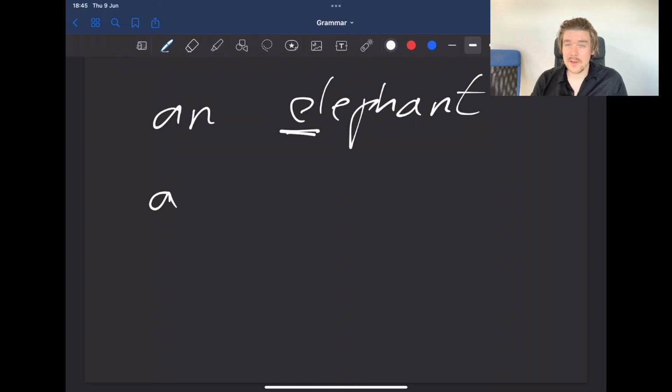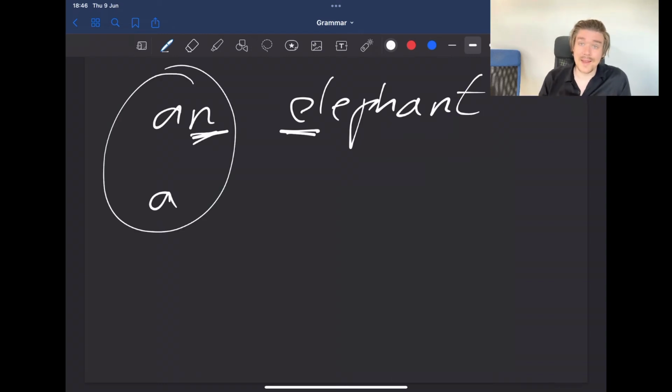Now if I'm gonna say a random unspecific elephant, I would say an elephant, not a elephant. I think this is only because we want to have this consonant sound so that our sentences and our speech flows better. That's the only reason. They are both indefinite articles. They both mean the same.